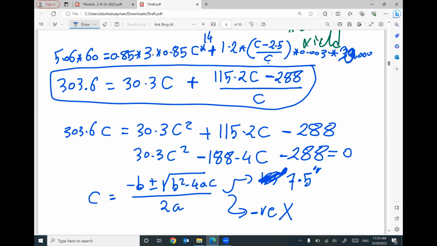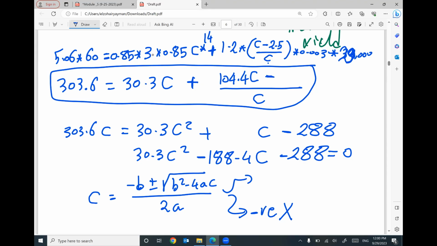So your numbers will be a little different. This value and this value and this value. Let me recheck. I'm sorry. So it will be 1.2 times 0.003 times 29,000. It will be 104.4.